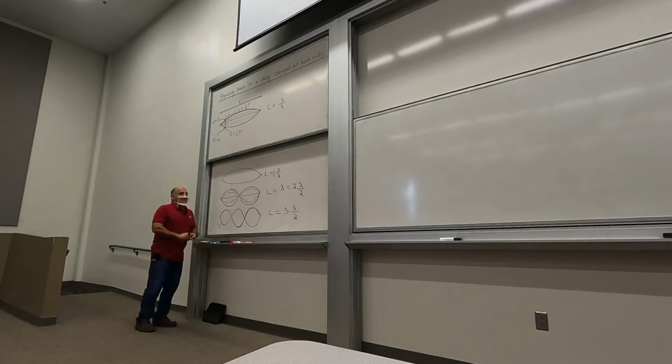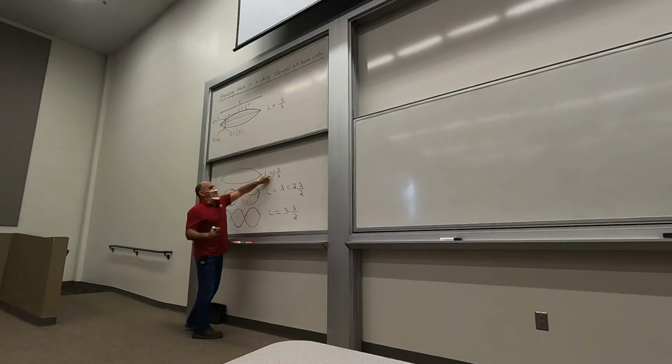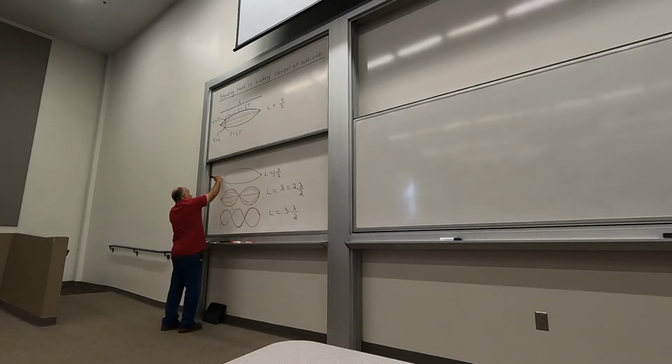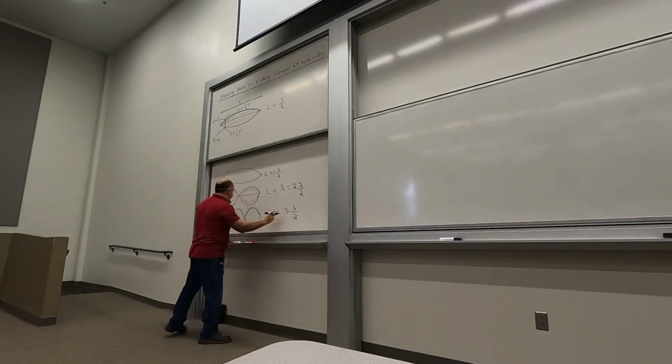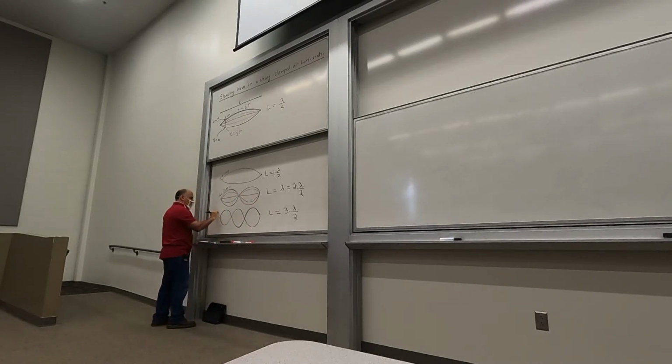And notice that the 1 here means 1 loop. The 2 here means I have 2 loops, if you want to call these loops. And then the 3 here means I have 3 loops.